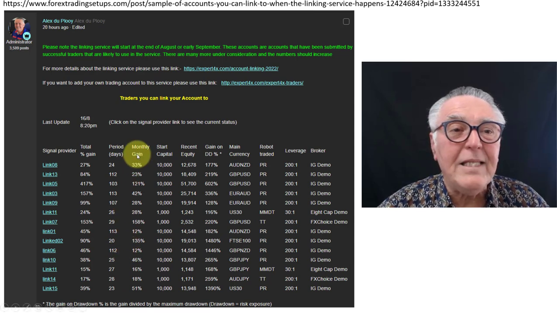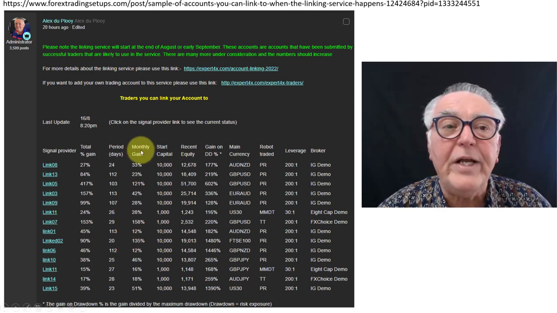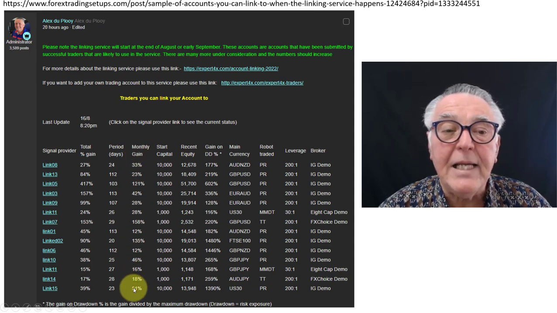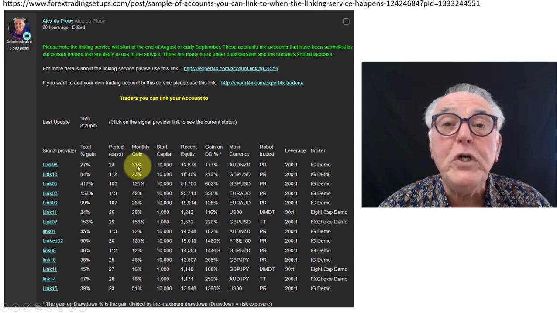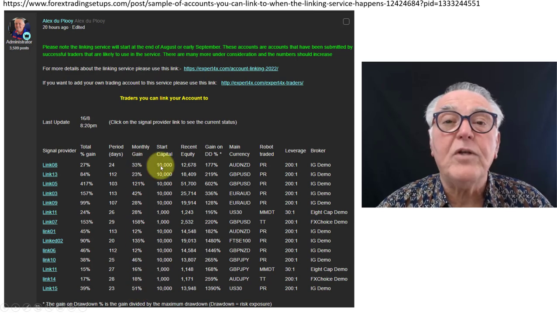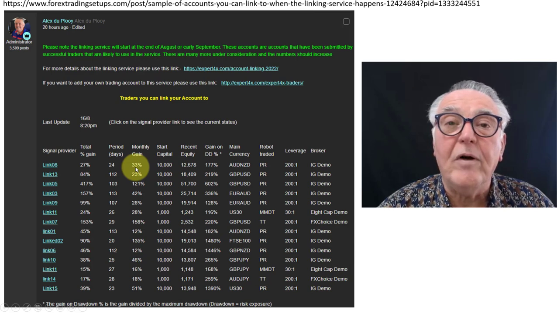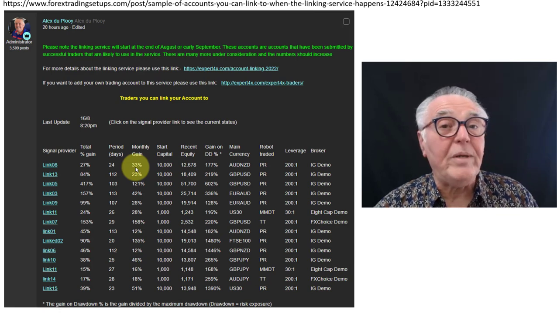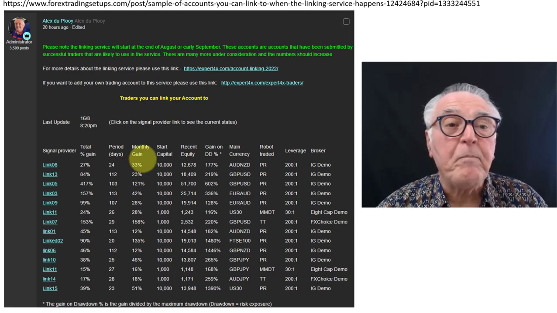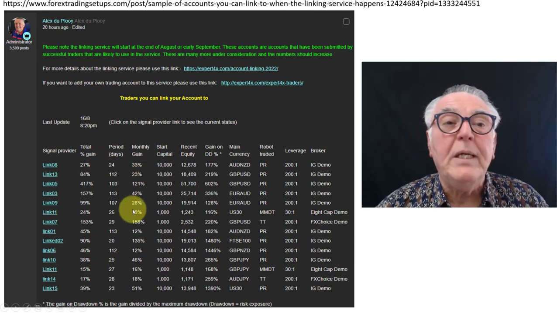So there we have a ratio that is pretty important, the total monthly gain, and that is a return on investment percentage. So if you started with $10,000, you've made a gain on that first item of 33% in that particular month.